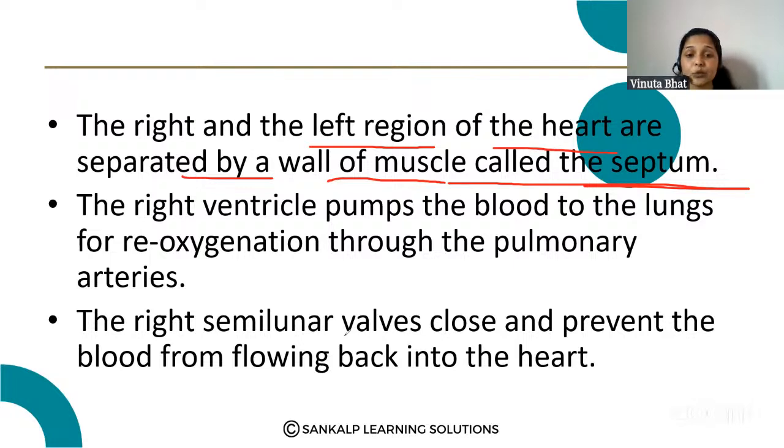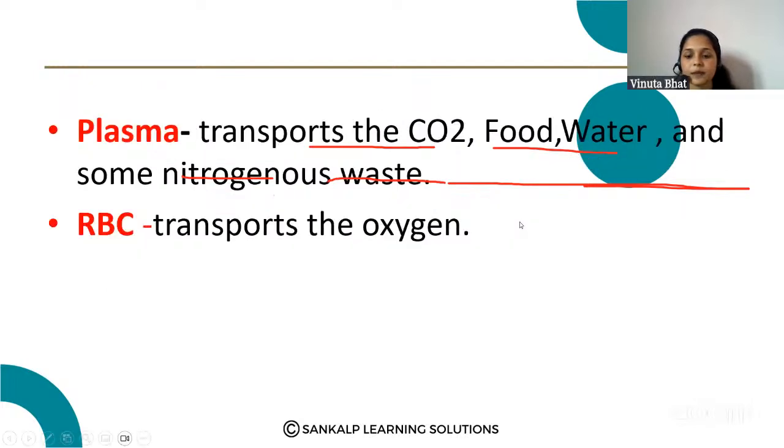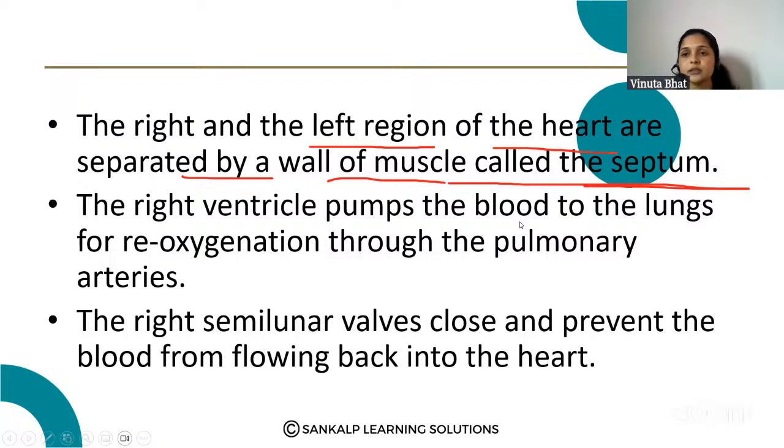The right semilunar valves close and prevent the blood from flowing back into the heart. So this is how the human heart is supportive to maintain the oxygenated blood and deoxygenated blood separately.